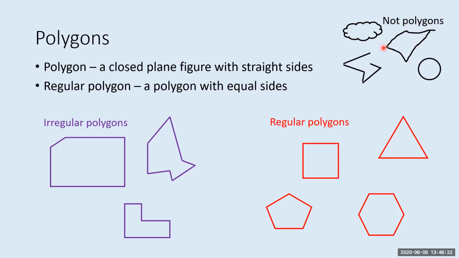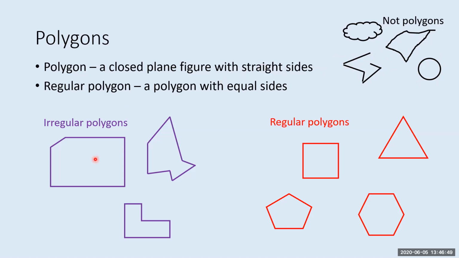And again, it's not a polygon because it's got curved edges. A circle is not a polygon because it's curved, right? It doesn't have all straight sides. And then this fourth shape here almost meets the definition, but not quite because it's open. There's a little entryway into the shape here. So this is not a polygon because it's an open shape, not a closed shape.